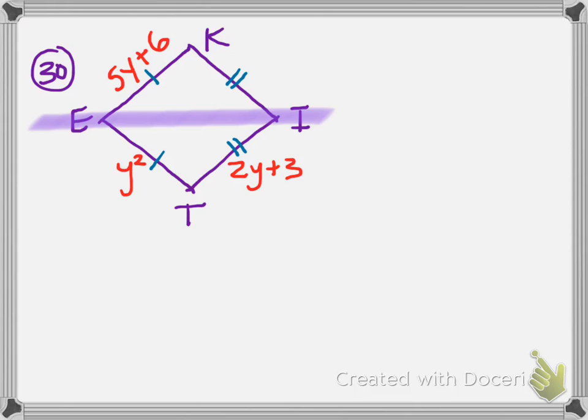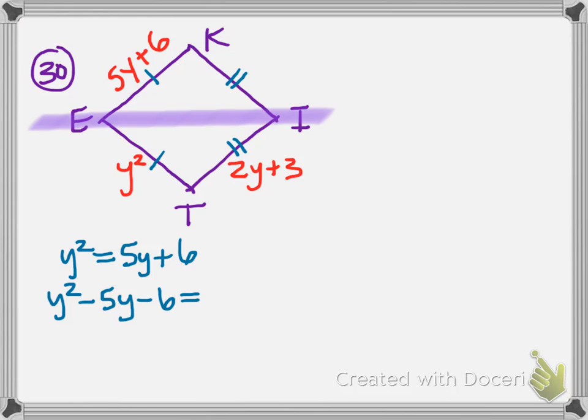If we have this case, then that means y squared equals 5y plus 6. Since this is a quadratic, as I see that squared symbol, I'm going to move everything to the left and factor: y squared minus 5y minus 6 equals 0.